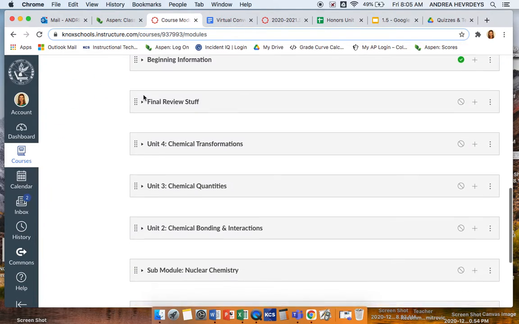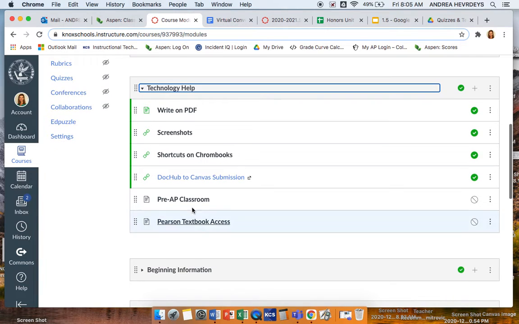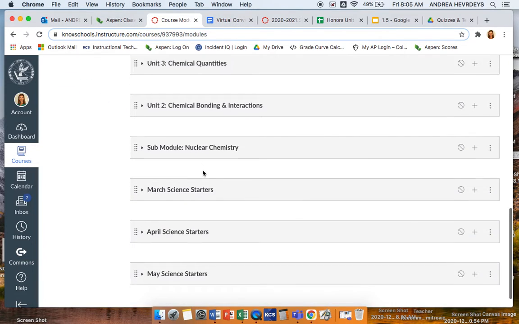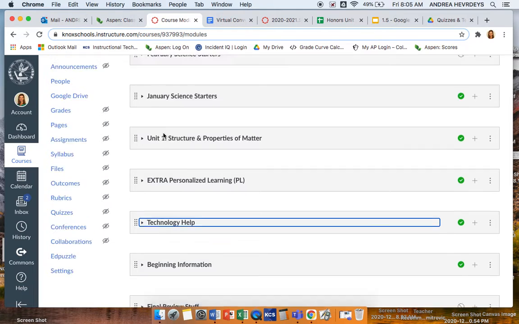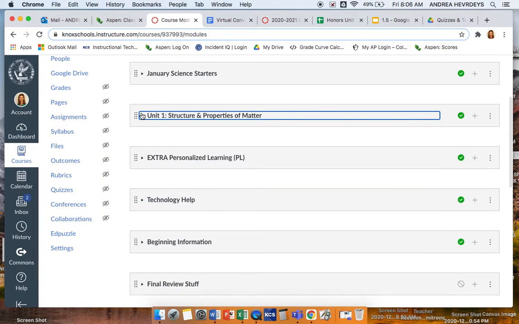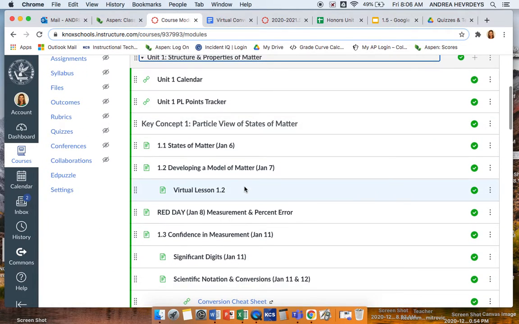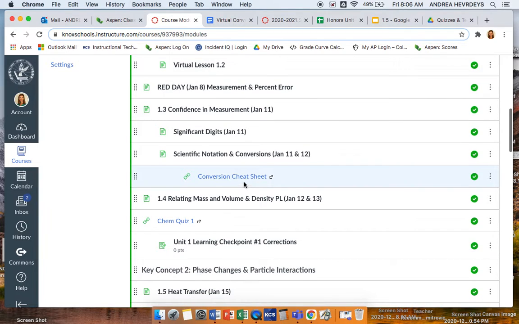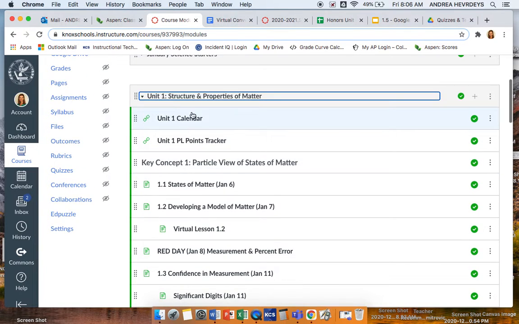Oh no, I put it somewhere. I'm going to make sure I put it here as well, because I have shortcuts and writing on a PDF, how to make a screenshot and things like that, but I think you guys already know that part. Aha, I put it in Unit 1. That's where I put it.